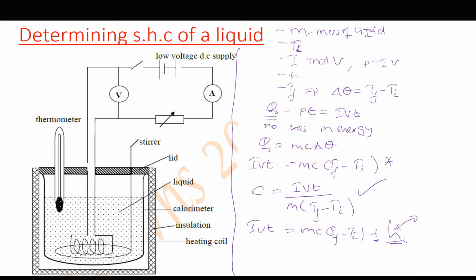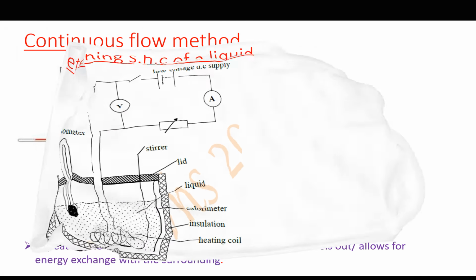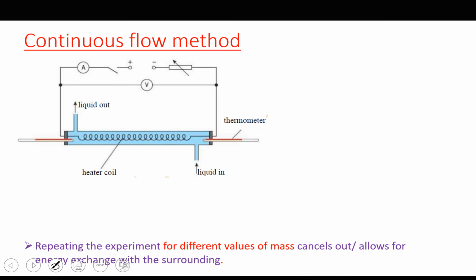I think that one is very important. We shall see how we use H later on in the calculations. Okay, next, a better method can be thought of, and this is the continuous flow method. To determine the specific heat capacity of a liquid, I think the best method is the continuous flow method.